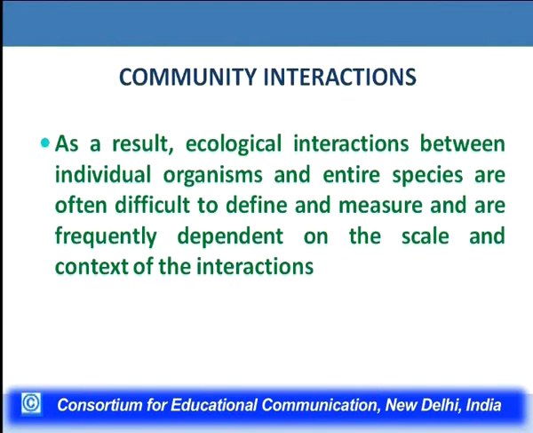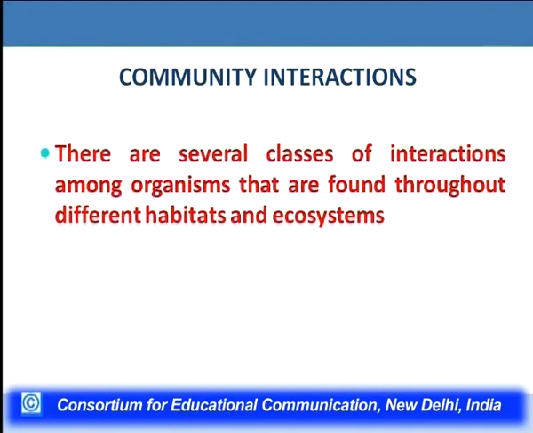If two species are interacting with each other, whether the interaction is positive or negative, whether it helps in the increase of population of one species or leads to a decrease in the population of the other species, all that has to be studied in the field. And that is very subjective, because we cannot just put it on any sort of quantitative scale. It is more or less a qualitative criterion, a qualitative aspect of interaction.